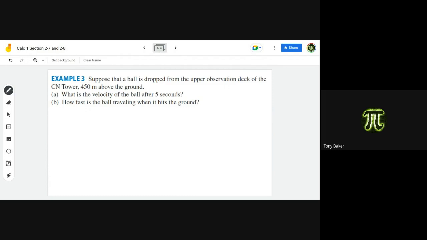Velocity is telling me how fast that position is changing. In your car, that would be your speed. So your speed is telling me how fast your car's position is changing.